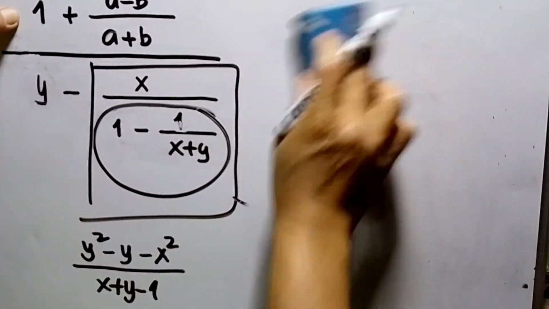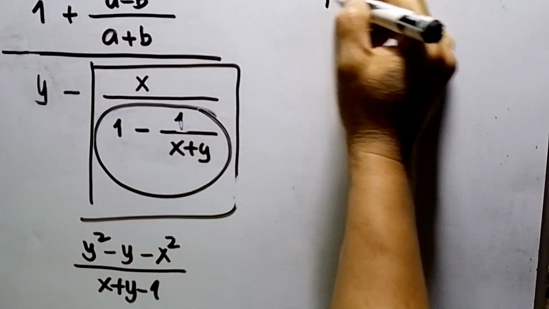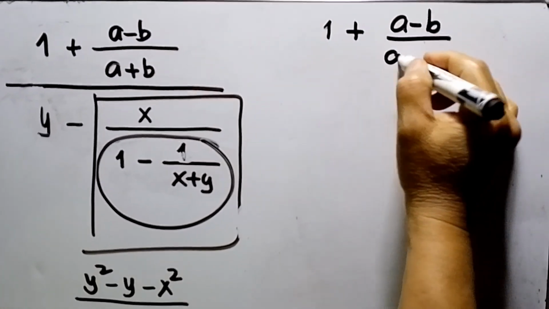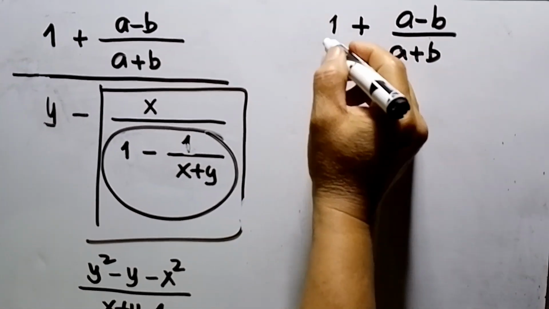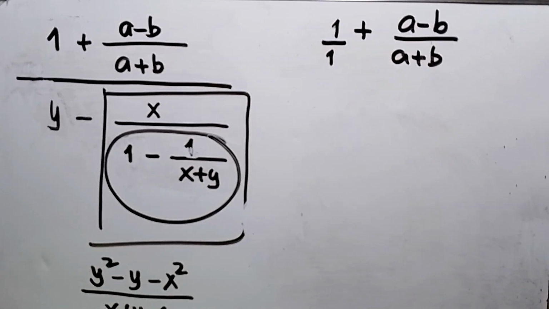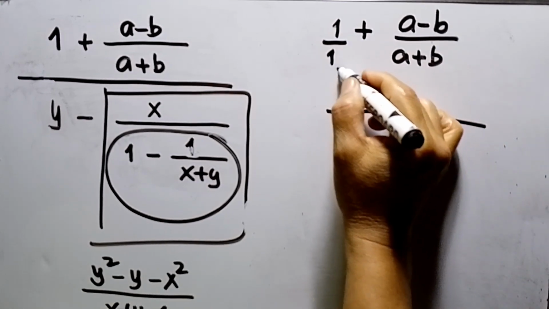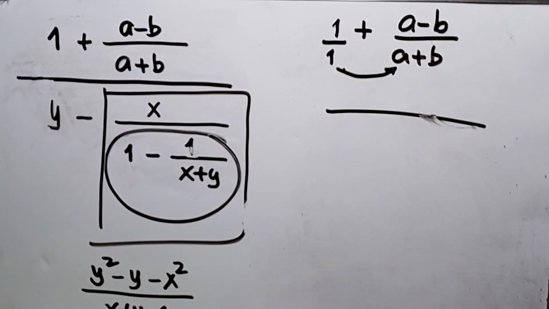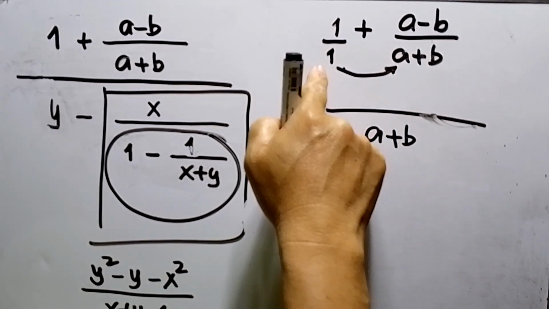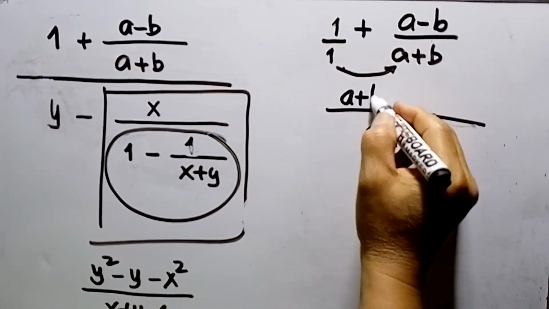Now how about the numerator? So I need to solve 1 plus a minus b over a plus b. Since I don't have a denominator, I will put 1. That will serve as my denominator. And then I need to find my LCD. To find the LCD, just multiply the denominators. So this will be a plus b. A plus b divided by 1 is a plus b times 1. So this will be a plus b.